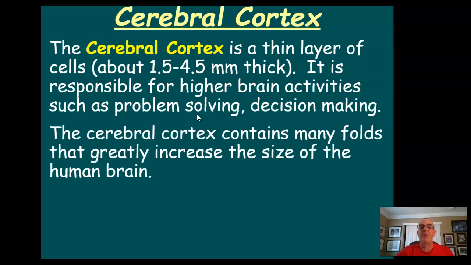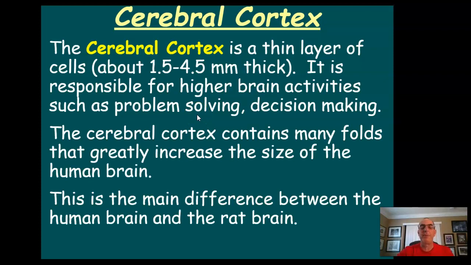All right, so next we have the cerebral cortex. This is the part that lies on top of the brain. When you look at the picture of the brain, it looks like intestines. It's all these folds that are made up of the neocortex or the cerebral cortex. And what's interesting about this is that this is what gives us the size of our brain compared to the animal species.